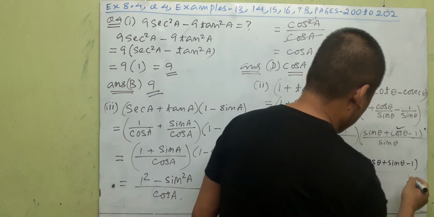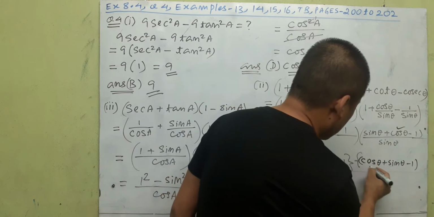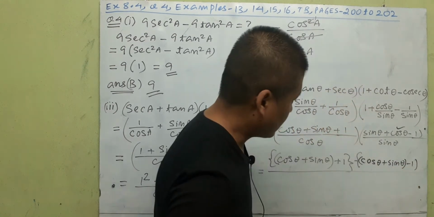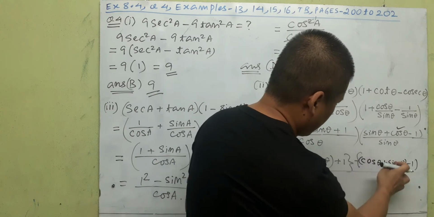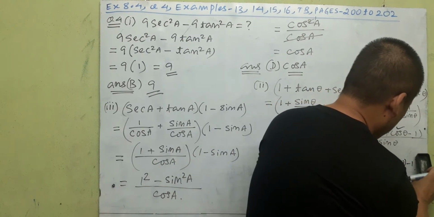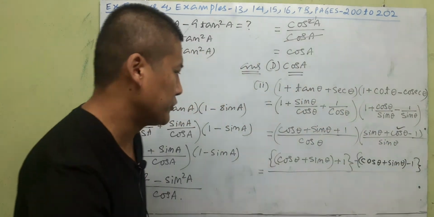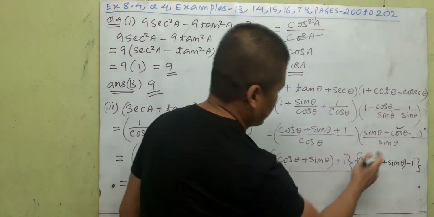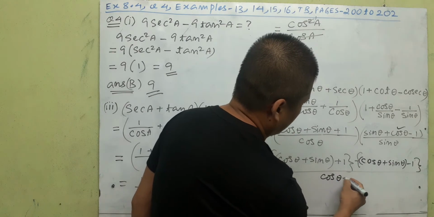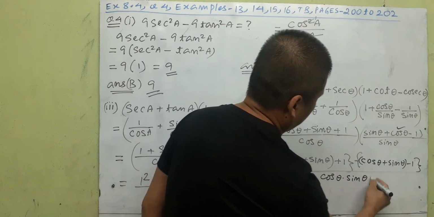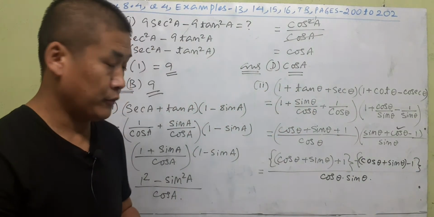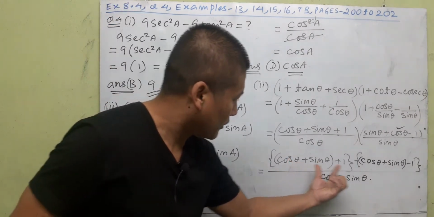So let us put these two together, cos theta and sine theta, and minus 1. So we have used up the first bracket. Why we're doing this is so that, this one you can write down, cos theta into sine theta. That way the advantage is, these two are the same now.